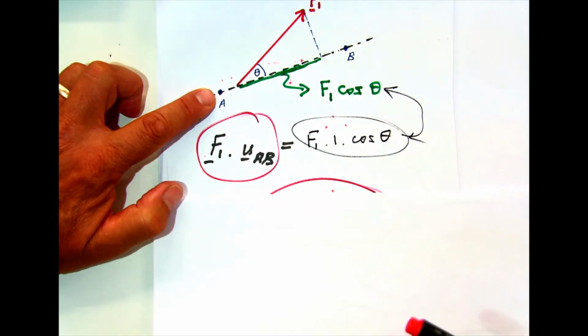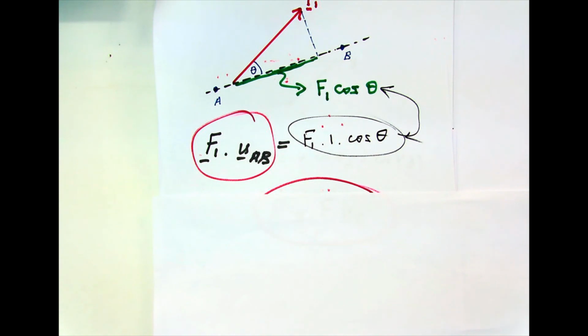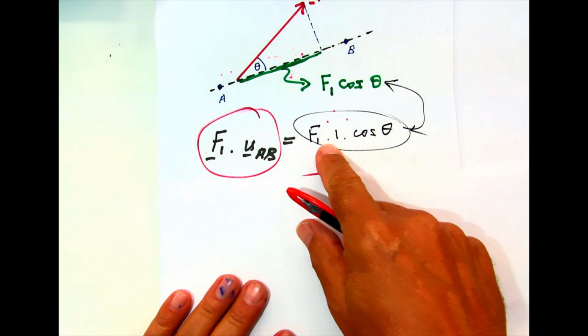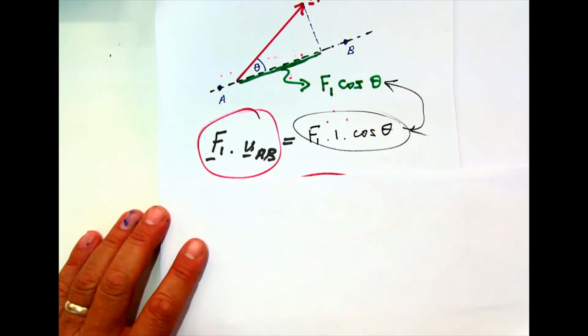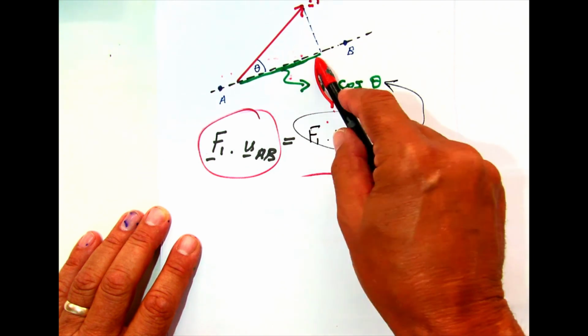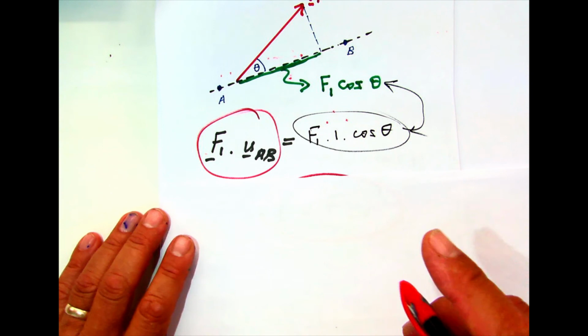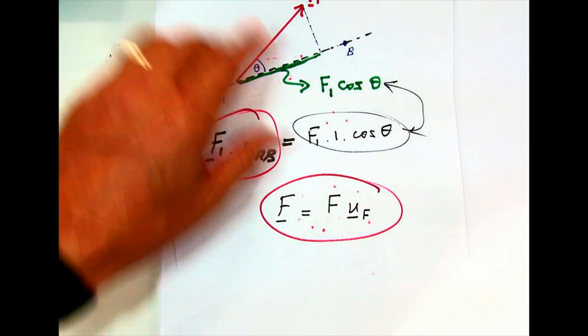If you have a vector in space, you can take any 2 points along that line to get the position vector. And the unit vector will then be that position vector divided by its magnitude. So, for the second last problem in today's tutorial, you do it this way. I'm not going to say more about that.